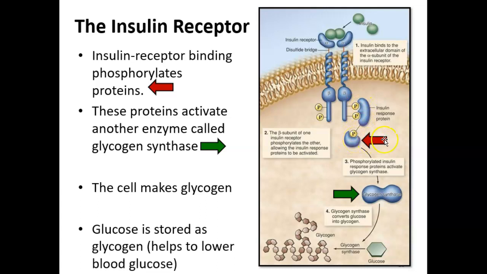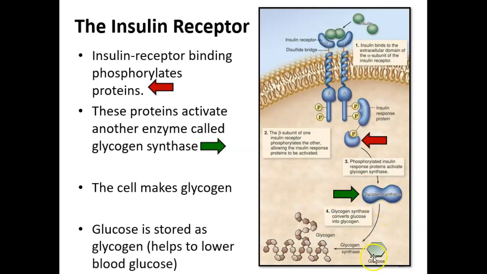So this red arrow shows a phosphorylated protein. Now this protein is active because it's been phosphorylated. What it will then do is activate other proteins, and one that it activates is called glycogen synthase, and that's what the green arrow is pointing to.